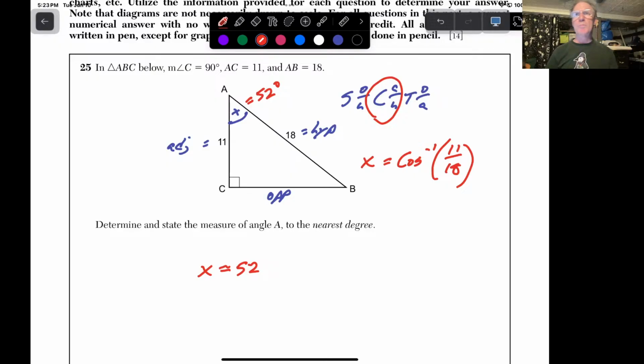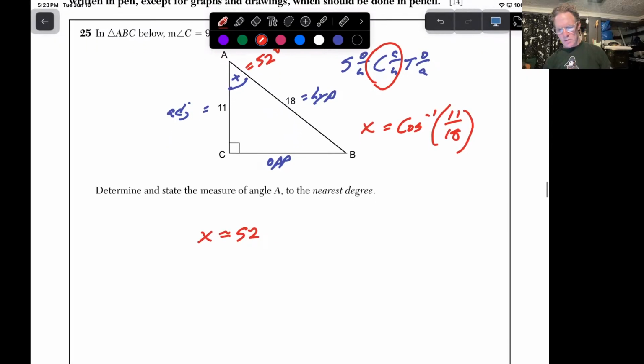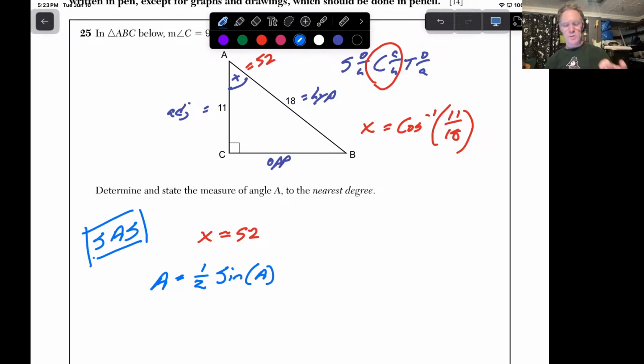One question they will probably ask you on the new Regents exam is to find the area of a triangle using trigonometry. So I'm going to throw that out here. To find the area of a triangle, it's the side angle side area formula, right? Remember, the area is going to be 1/2 of the sine of A. This is totally unrelated to this question.